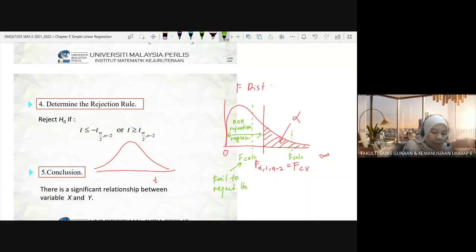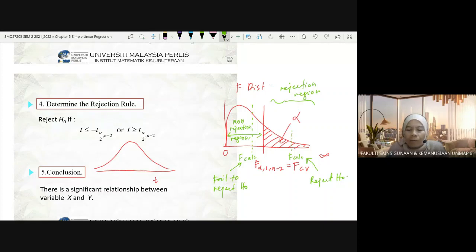If your F calculated value falls in the rejection region, here is the rejection region, then in this case, reject the null hypothesis.